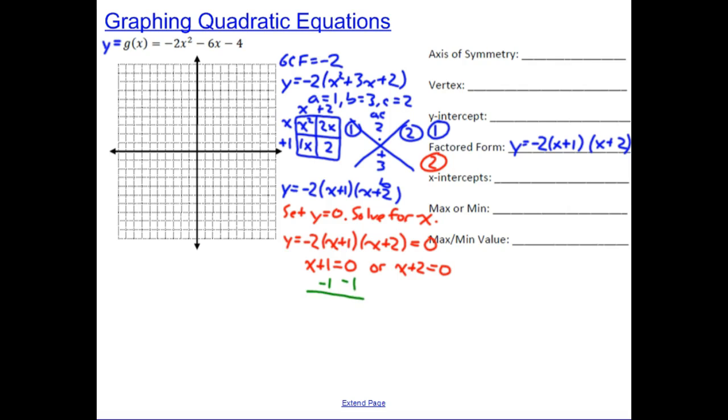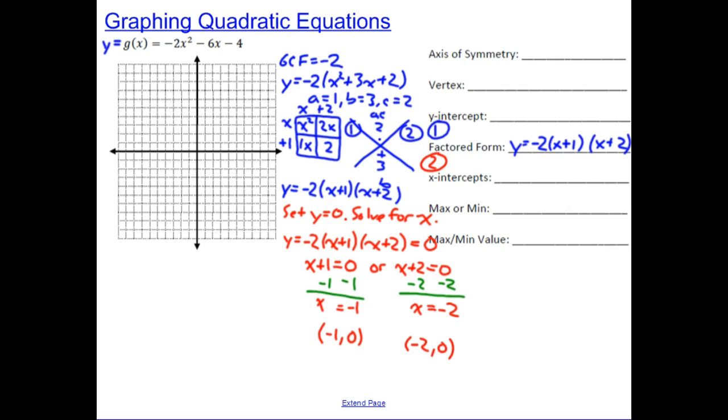I can subtract 1 from both sides for this case, and I'll have x equals negative 1. And for the other case, I can subtract 2 from both sides, and I'll be left with x equals negative 2. Those are the points where I will intersect the x-axis, and we write them as an ordered pair since they are points with an x value and a y value.